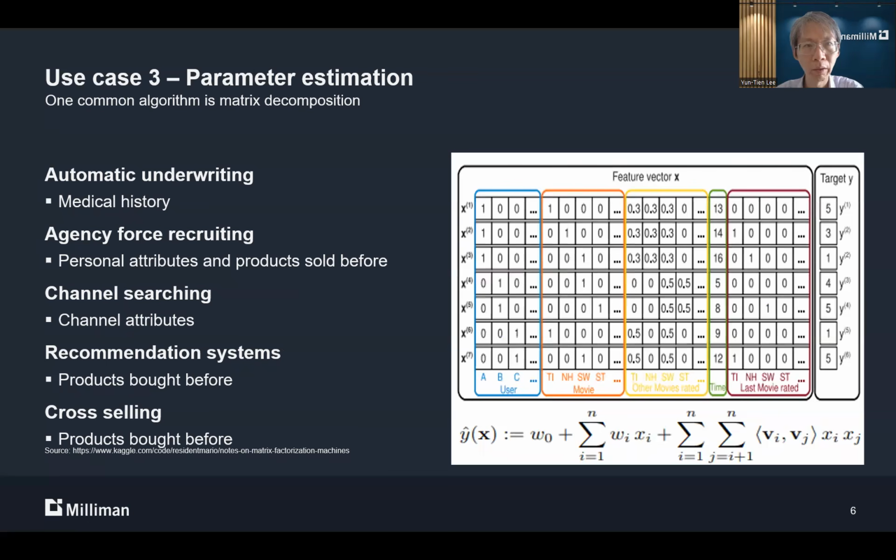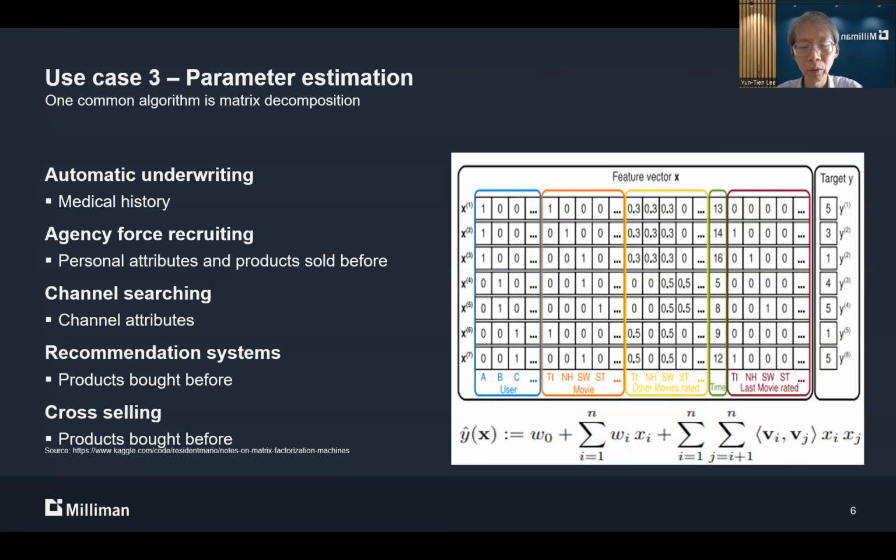The third application is about parameter estimation. This entails a lot of applications, including automatic underwriting, agency force recruiting, channel searching, recommendation systems. Oftentimes, we have a huge amount of data where the row represents each user and the column represents the attributes or the features of different users, and we're given whether there's a target value we want to predict.